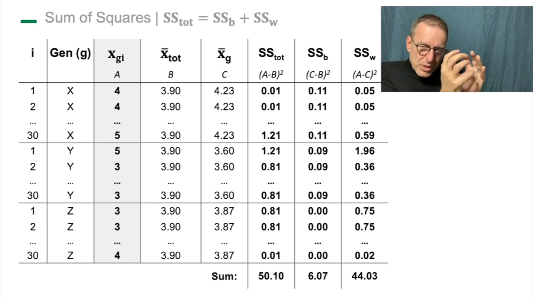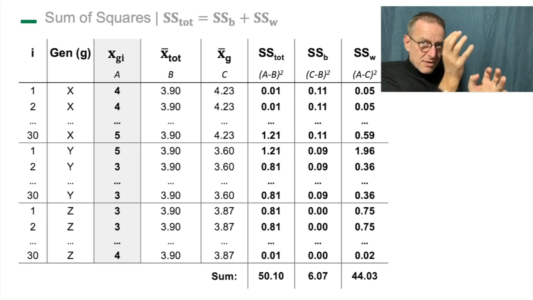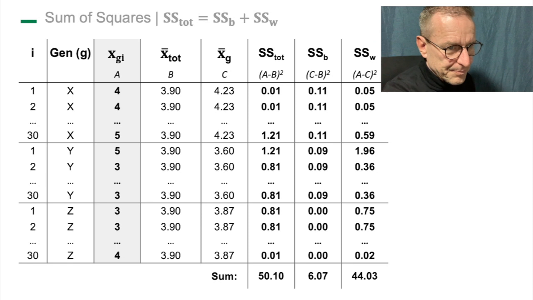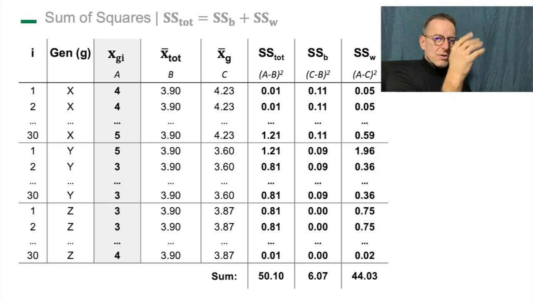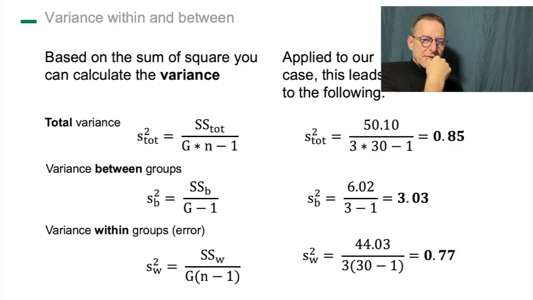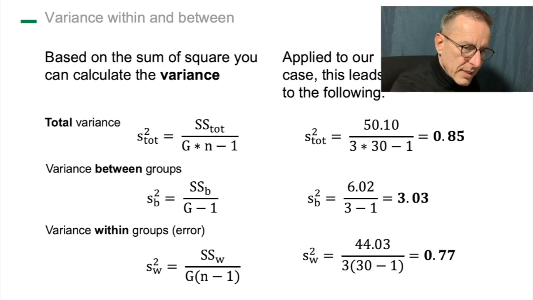Those between, which we can explain based on our hypothesis, there is a difference between different groups, and the variance within these different groups, which is not so much explained. Okay, and of course there are very simple formulas to calculate these different variances: total variance, variance between groups, variance within groups. I did this in our example. So here the total variance is 0.85. The variance between is 3.03, and the variance within is 0.77.